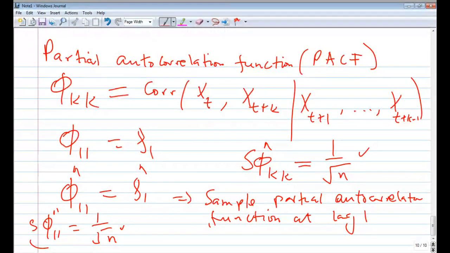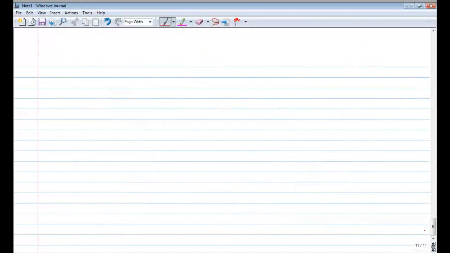Now, what about phi 22? Phi 22 is the partial autocorrelation function at lag 2. Okay, let me just go to the next page. It's equal to the determinant of a 2 by 2 matrix divided by the determinant of a 2 by 2 matrix.